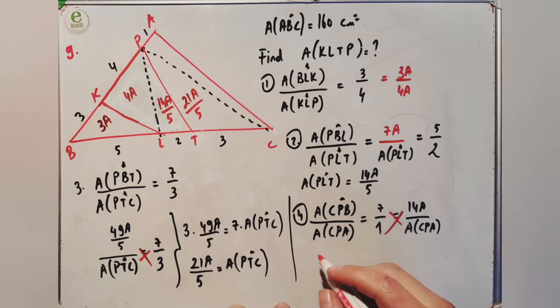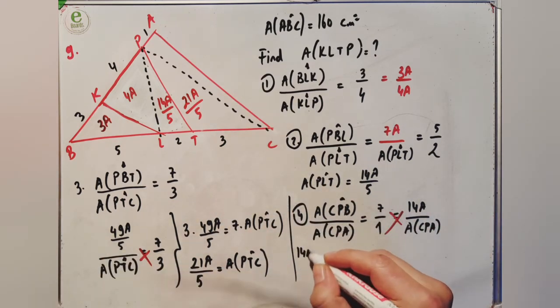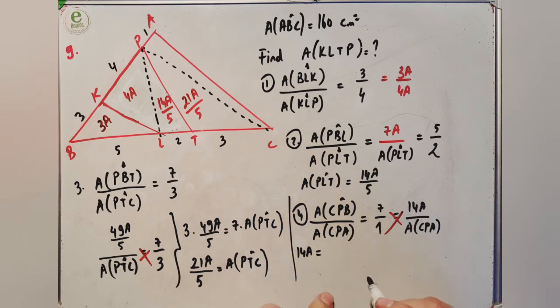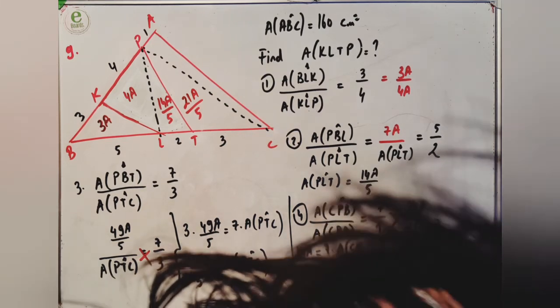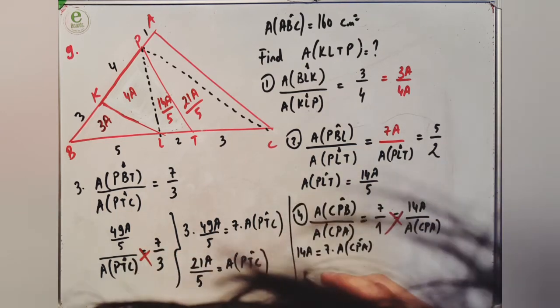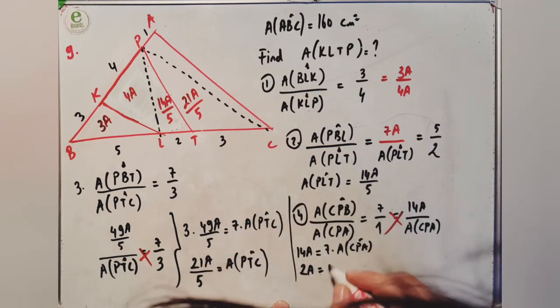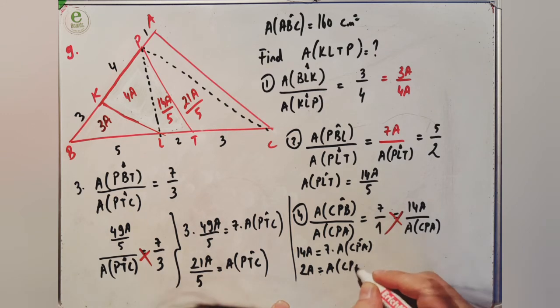Cross multiplying, 1 times 14A is 14A is equal to 7 times the area of CPA. So 2A is equal to the area of CPA.